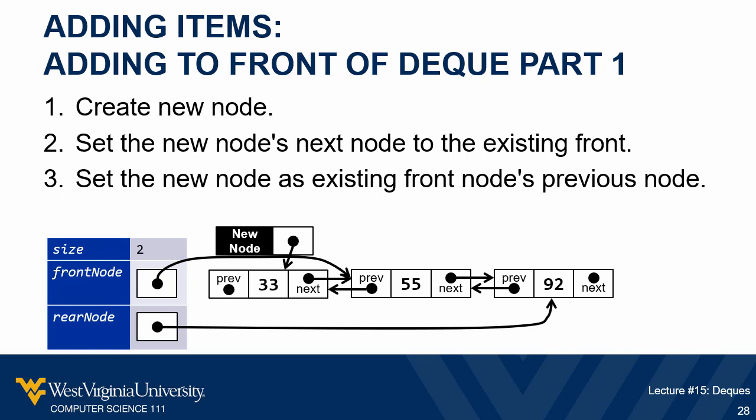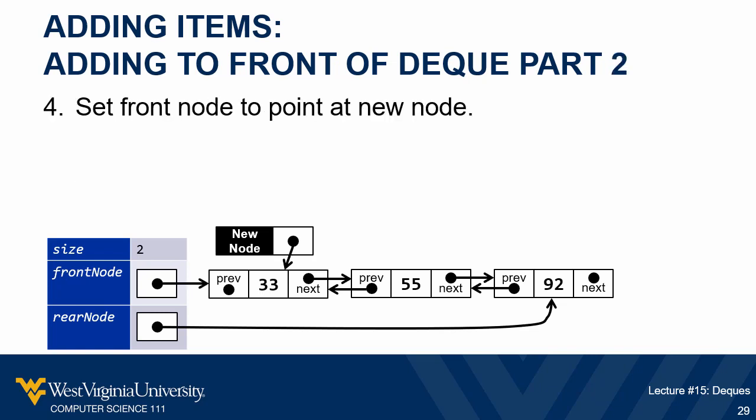The one thing that we've got to do to finish up, at least updating pointers for our chain, is to set the front node field so that it points at our new node instead of the existing front one. That way our new one truly becomes the front of the chain. Once we've done that, we'll increment our size counter to reflect that we now have an additional thing inside of our deck.